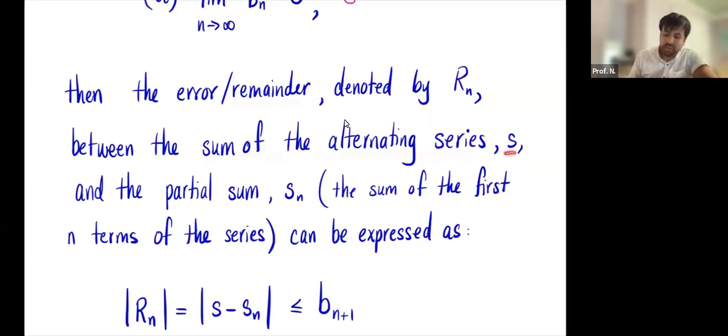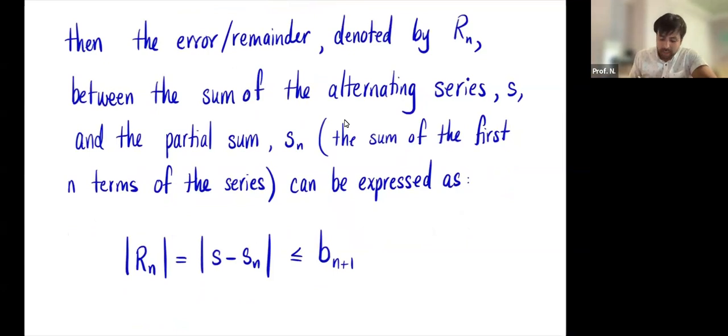So given the converging value S, we also can estimate the converging value with a partial sum, which is finding the first n terms of the series. And that would give us a close approximation to the actual value.